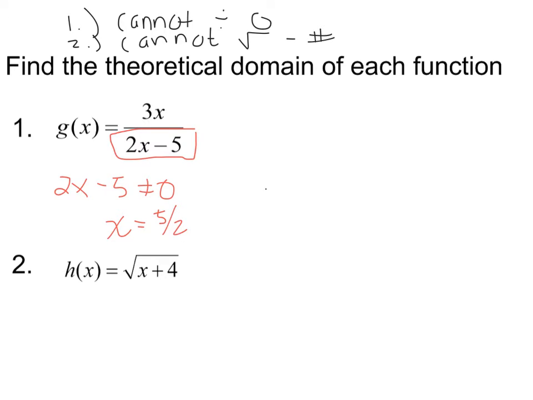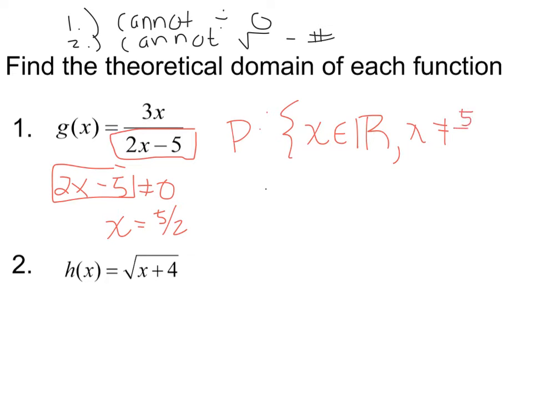If I were to plug 5 halves into this expression, 2x minus 5, I'm going to get 0, which will be bad because I cannot divide by 0. So my domain is all real numbers. X is an element of all real numbers. That's how we write that. Except x cannot equal 5 halves.